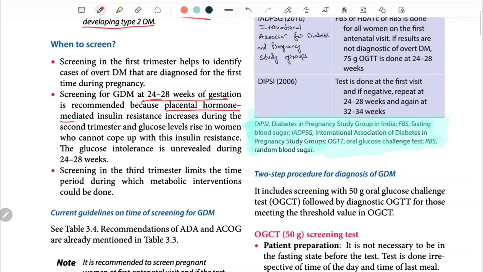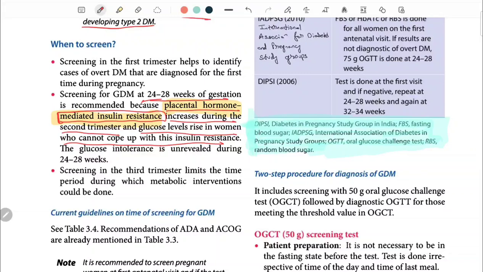This is very, very important. Glucose levels rise in women who cannot cope up with this insulin resistance. The glucose intolerance is unmasked during 24 to 28 weeks.